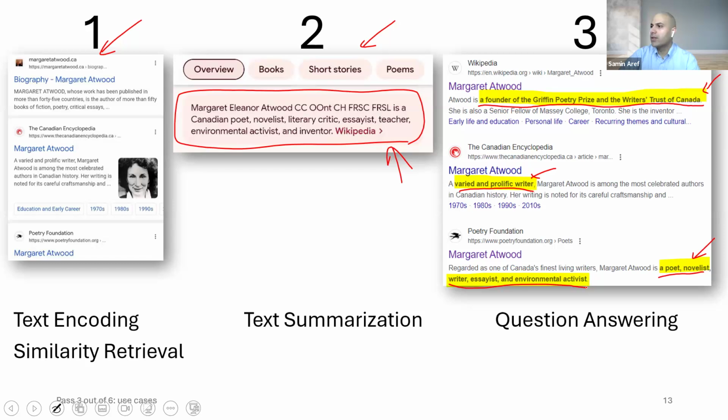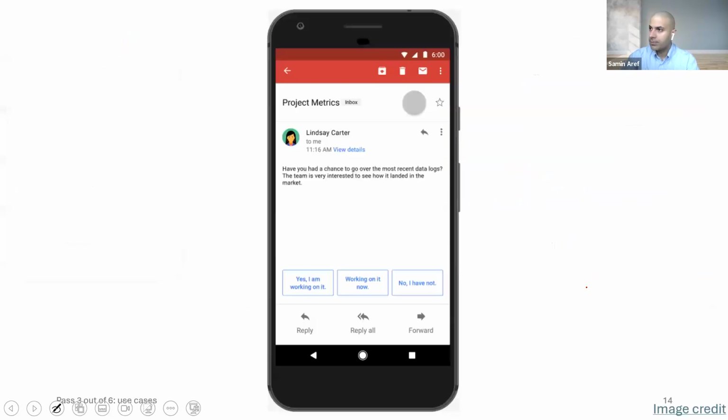Another answer is a varied and prolific writer. Another answer is a poet, novelist, writer, essayist, and environmental activist. So this shows 3 examples of use cases of BERT, especially in the context of Google search. And this was inspired by a video from Alammar.